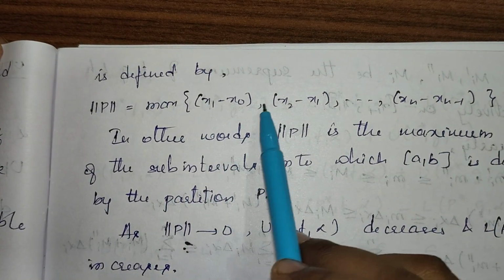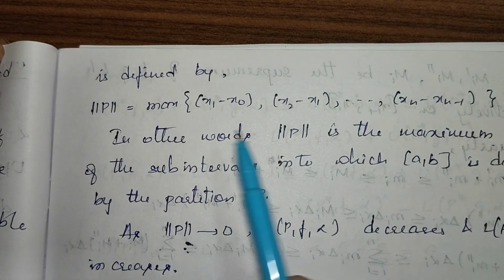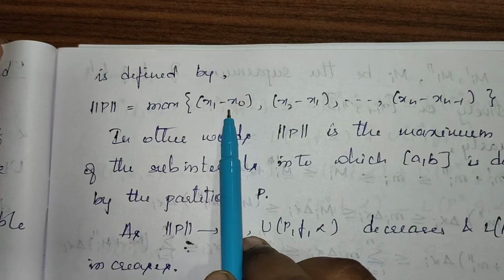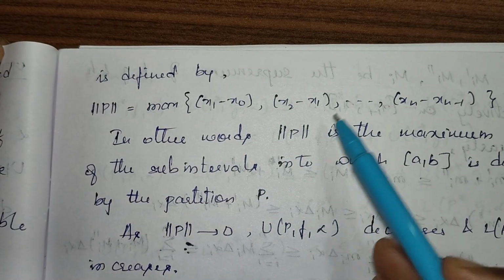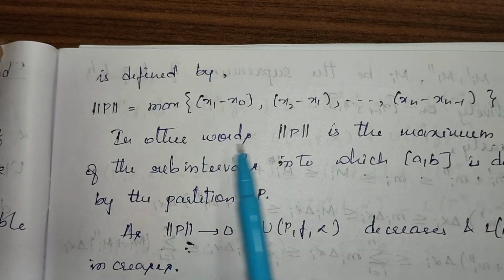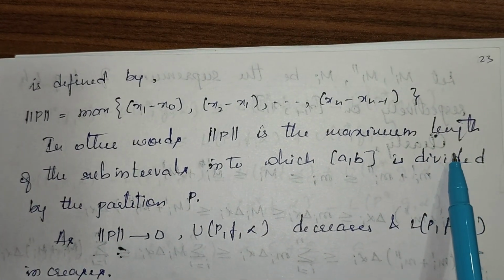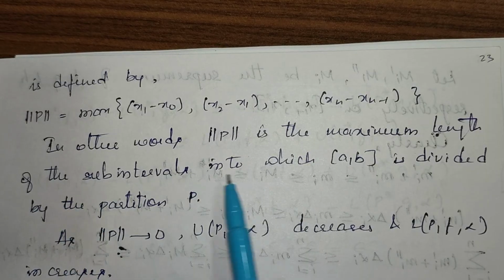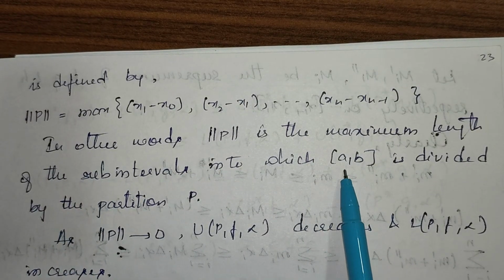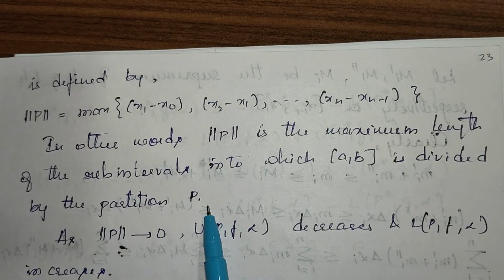You are collecting all such lengths and putting them into one set, and the maximum of that set, whichever is maximum, will become your norm. So in other words, norm P is the maximum length of the subintervals into which the closed interval [a, b] is divided by the partition P.